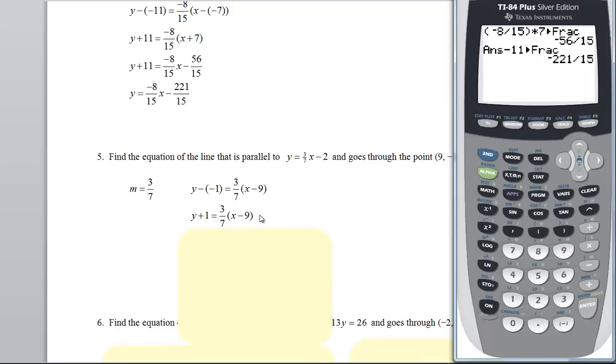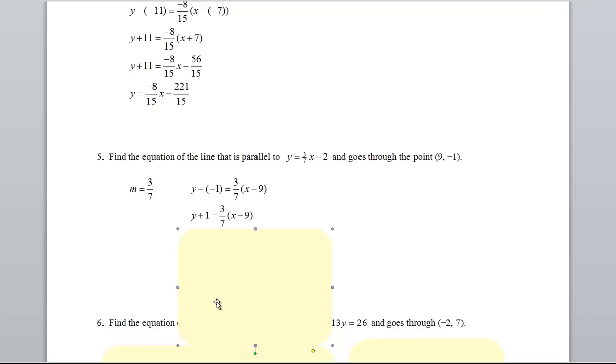Now I'm going to do 3/7 times the -9. Go frac it. Now if you forget to frac it, I'll do that on the next problem. You can frac it now or frac it later. It really doesn't matter as long as you frac it sometime. So now when I distribute the 3/7 through, I'm going to have 3/7 x minus 27/7.